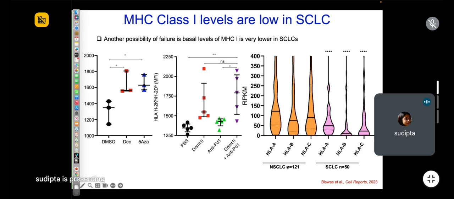You can see here, compared to non-small cell lung cancer, the expression level is so low. Although the decitabine and 5-AZA increased it a bit, if the basal level is too low, it's very hard to get a significant effect, I would say. Probably it will improve a bit, but not much.